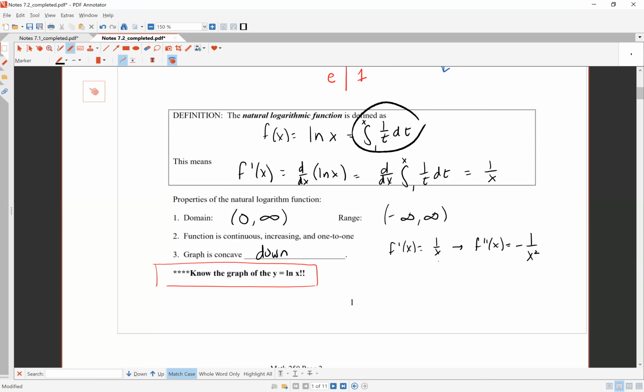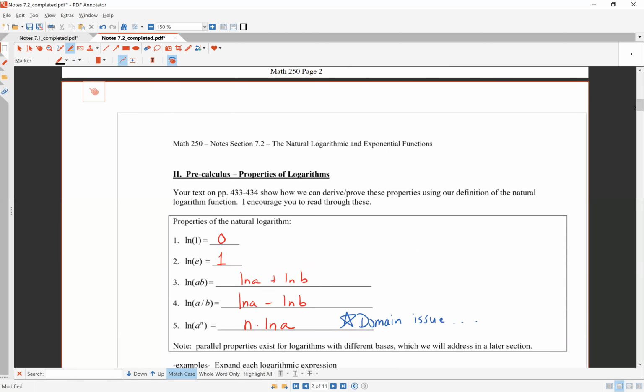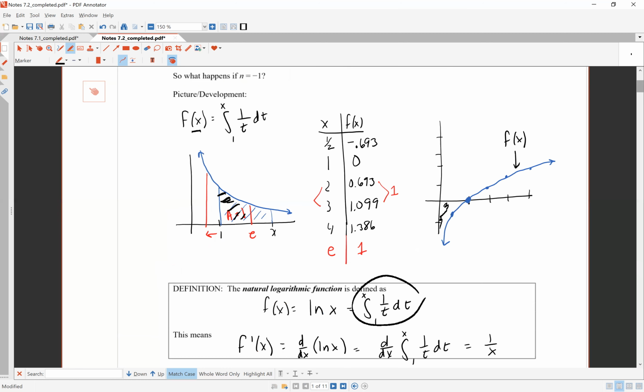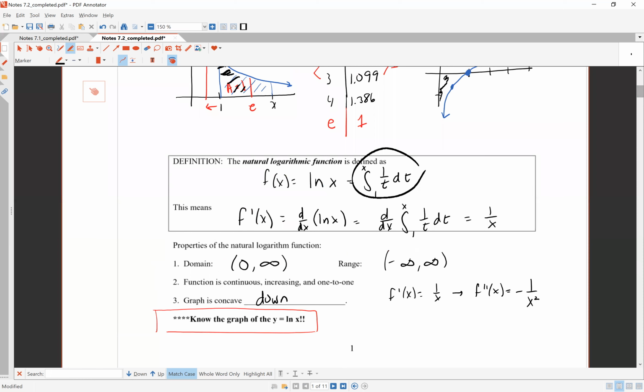And again, if f is the area function, the area under 1 over t, then the derivative is 1 over x. Then you can take the derivative again, just use the power rule, and you get minus 1 over x squared. So the second derivative is always negative, which means the curve is always concave down.